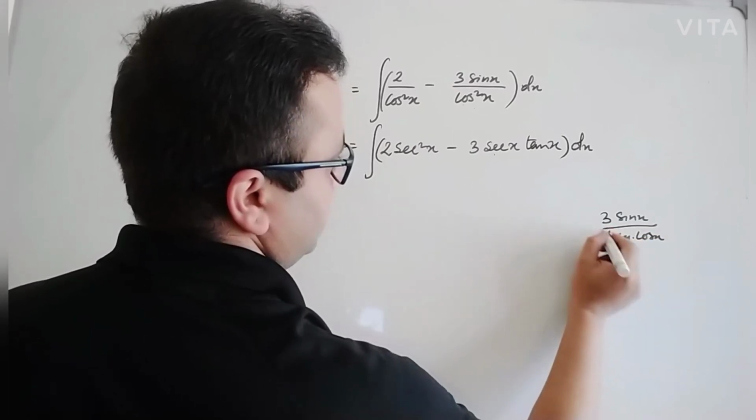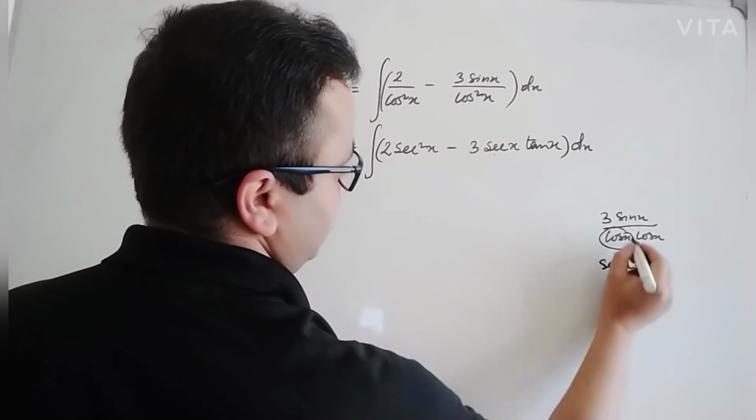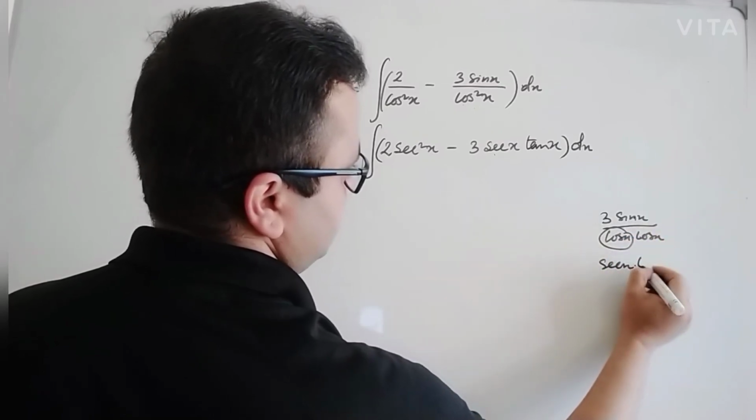So 1 by cos x is sec x, and again sin by cos is tan x.